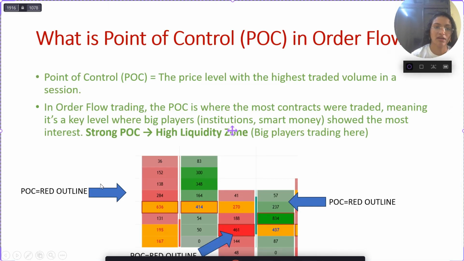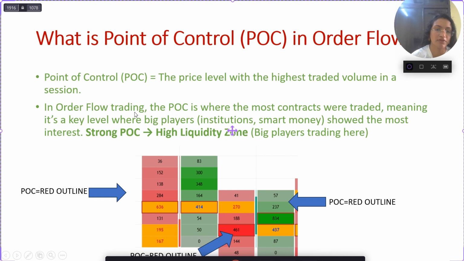So the next one: what is the point of control? Hope you guys are recalling imbalance and the delta. The third concept here is point of control. Point of control in order flow: the price level with the highest traded volume in a session is called the point of control.